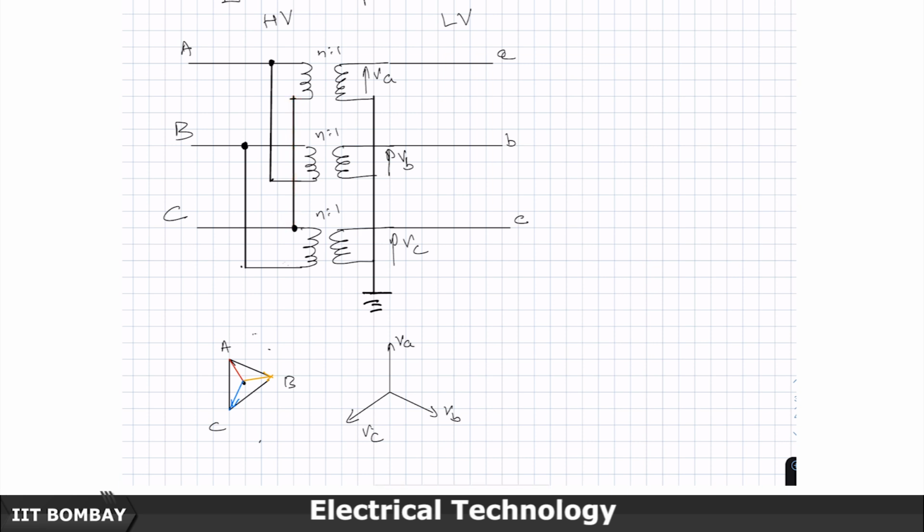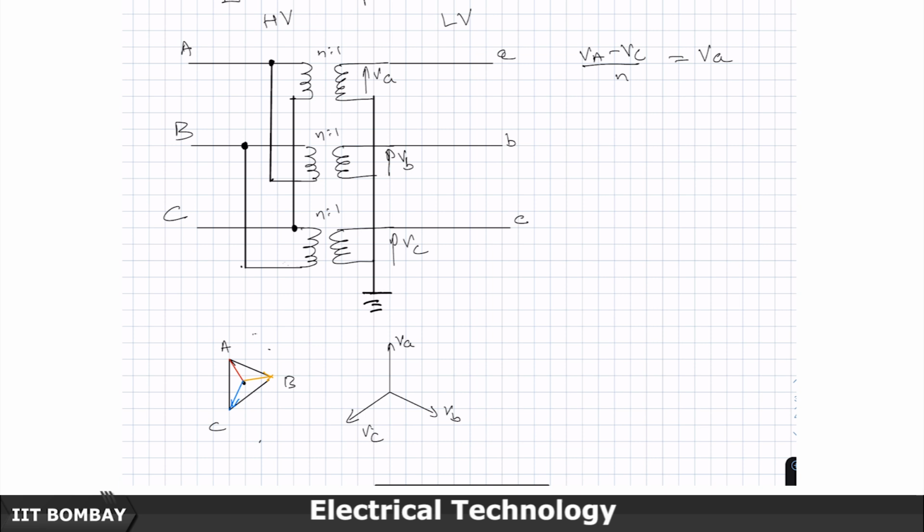So, VA minus VC, this is VA minus VC is n times the VA, in other words divided by n is going to be VA. So, let us take this equation.